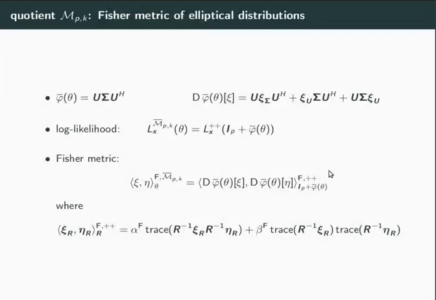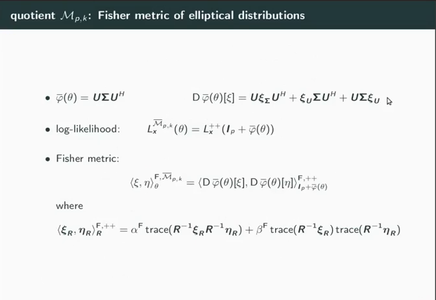And finally, the last thing that we need is the Fisher metric of elliptical distributions on the manifold of interest. So the log likelihood here is given by the log likelihood of positive definite matrices with this function of passage, where phi bar is given by our formula here, and its directional derivative in the direction of tangent vector c is given by this formula.